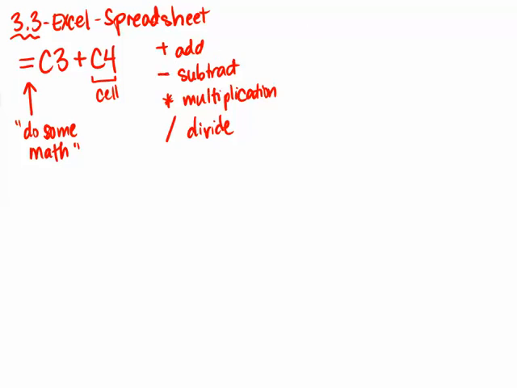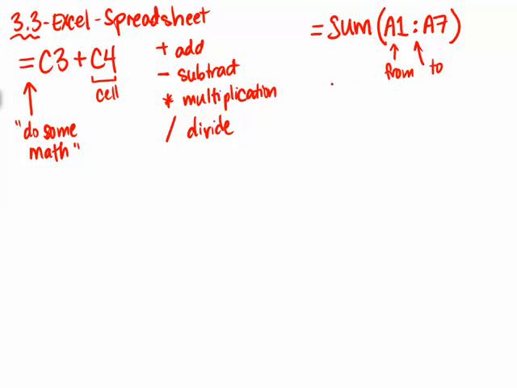We also have a couple of formulas as well. I have equal sign sum. Equal sign sum basically means I want to find the sum, or add up, all of the following cells. So I want from A1 all the way to A7. The colon represents "to", so all the cells between A1 and A7, I will be adding together.